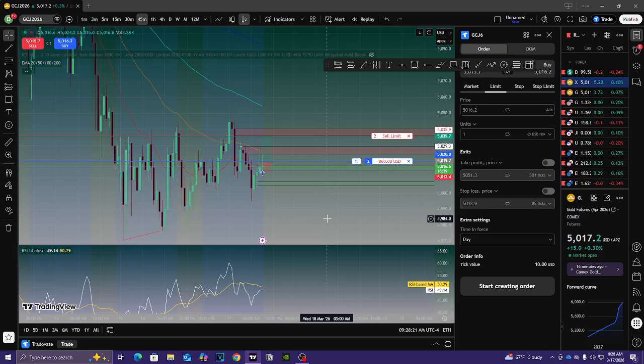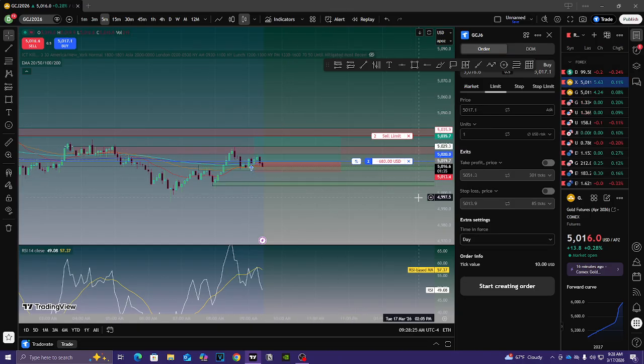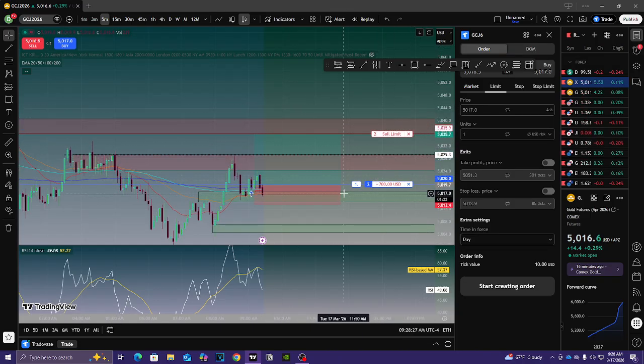We're being super, super patient with these candles, I'm not gonna lie. Second leg. First leg, neckline, second leg.